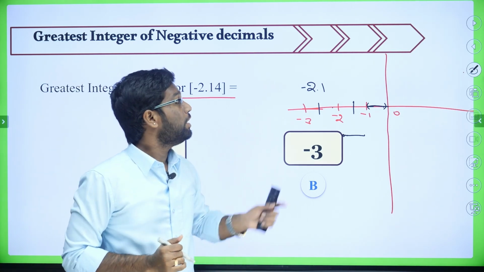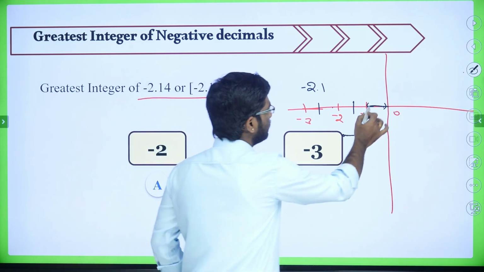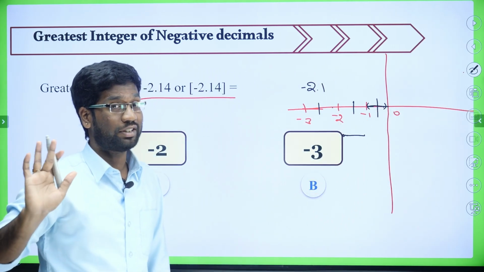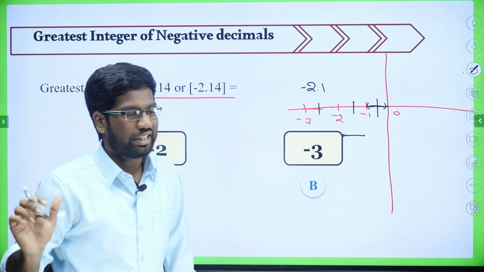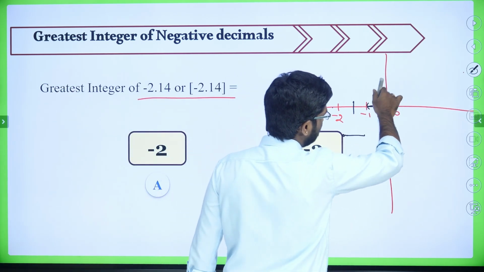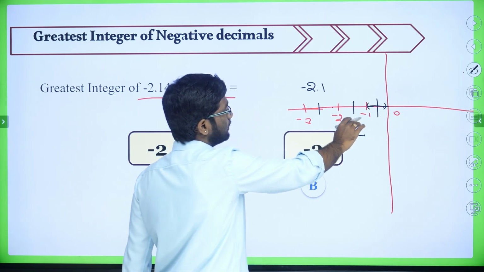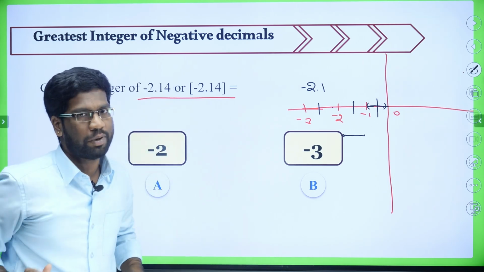So here minus 3. Wherever you are going, you have to just think which one is smaller. Don't take the greatest one, then you will get the wrong answer. You have to get the smaller integer compared to this. If you are getting minus 0 point any value, just think whether minus 1 is smaller or 0 is smaller. In that way it develops, my dear students.